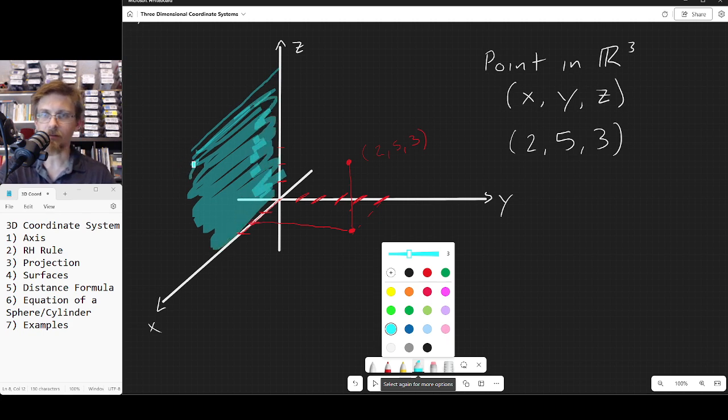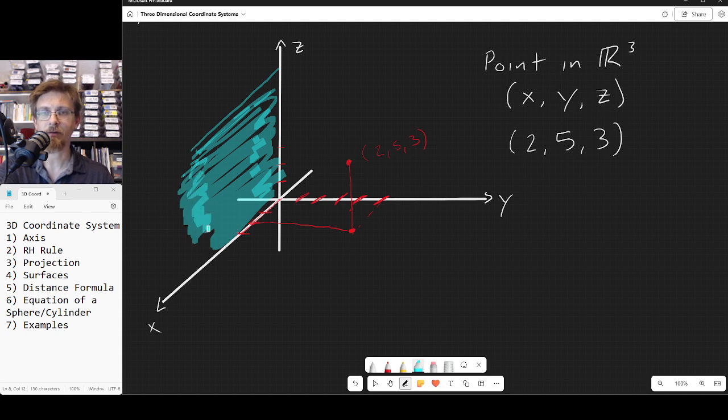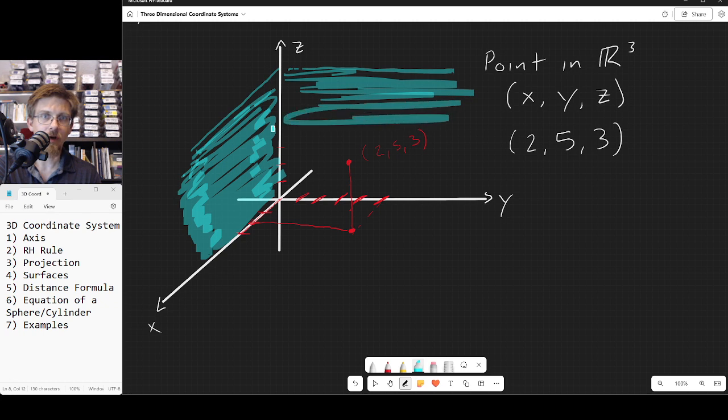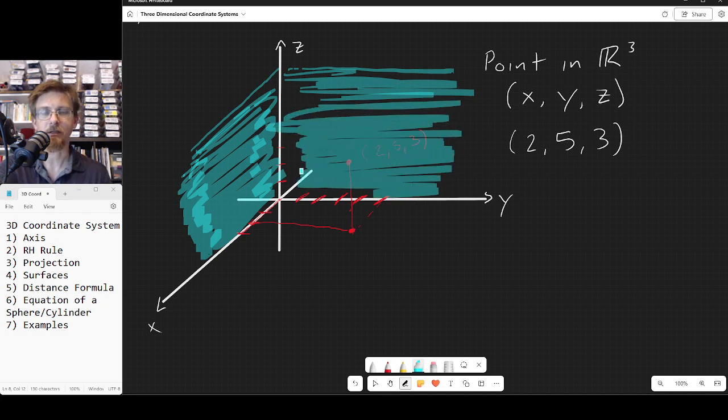What I'm coloring here is the XZ plane. And over here we've got the YZ plane, and the floor of our octant is the xy plane.